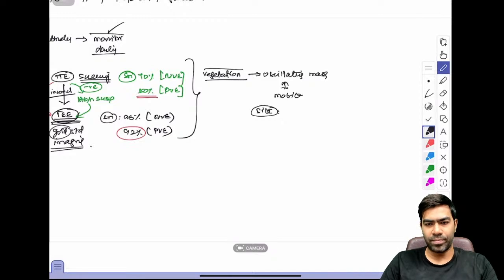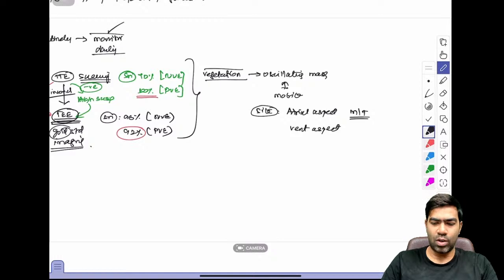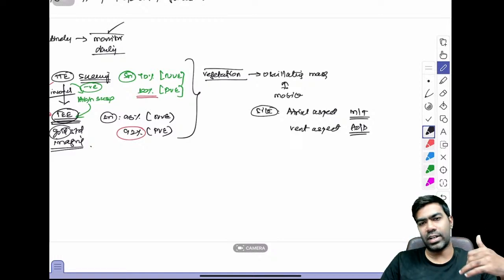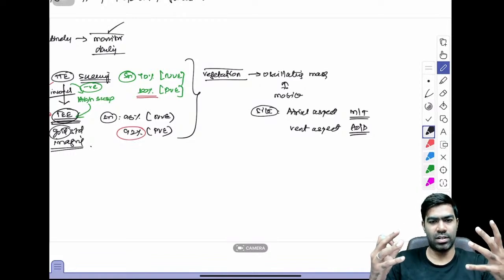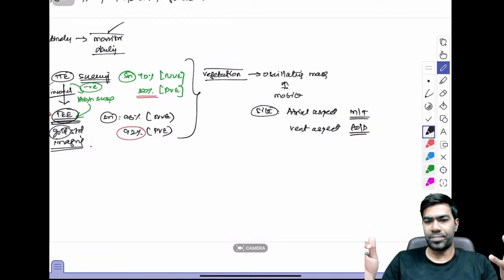For example, you will see it on the atrial aspect if the mitral or tricuspid valves are affected, or on the ventricular aspect if the aortic or pulmonary valves are affected, which means whichever side has relatively low pressure, that is the side where you classically see the vegetation. Clear?